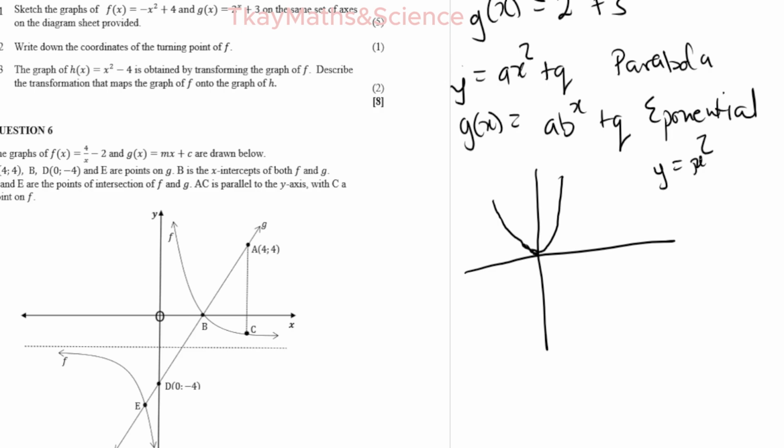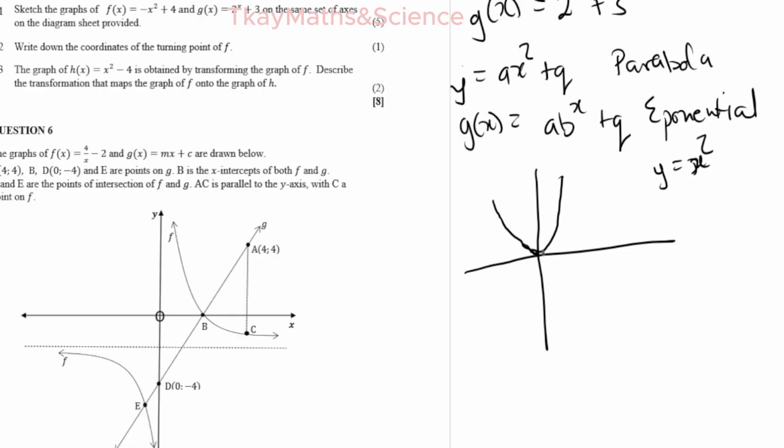We started from there. Y is equal to x squared. Normally it is a cup shape like this, and the bottom number here is going to be 0, where y is equal to x is equal to 0.